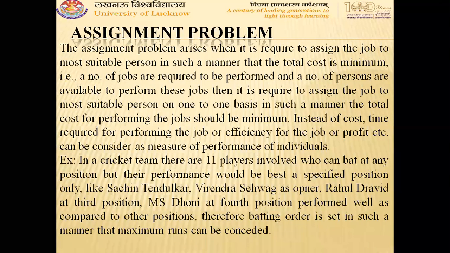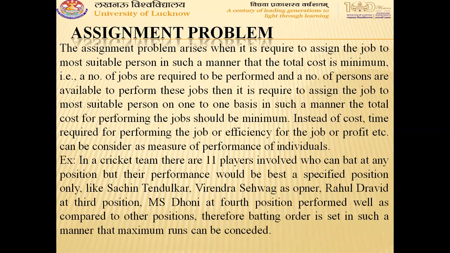That is, the cost for performing the job by different persons may be different. So on this basis we can say that the job should be assigned to the most suitable person so that the total cost is minimum, or in terms of efficiency the job is assigned to the most efficient person so that the job can be completed within that time.